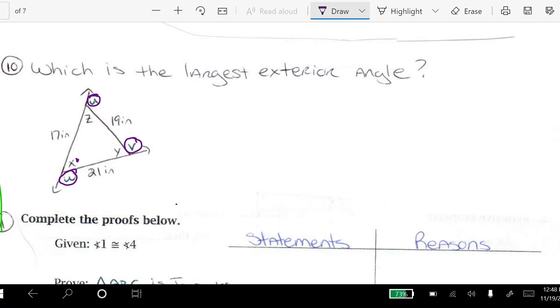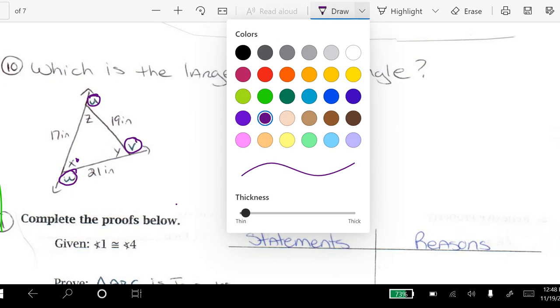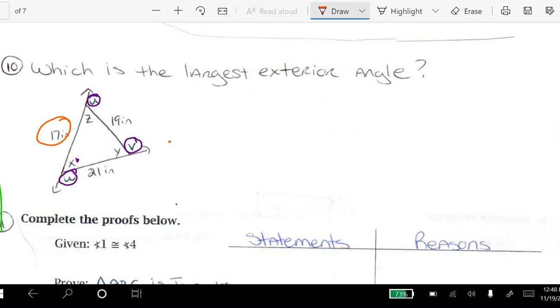So to find the smallest interior angle, I want to locate the shortest side. The shortest side is 17. So therefore, the smallest angle is going to be Y. And since this is the smallest interior angle, that means that angle V would be the largest exterior. Because if that was like 10, 180 minus 10, it's going to be 170.